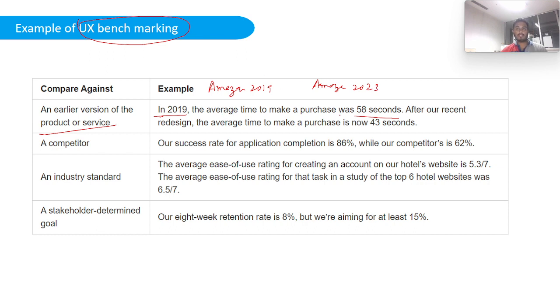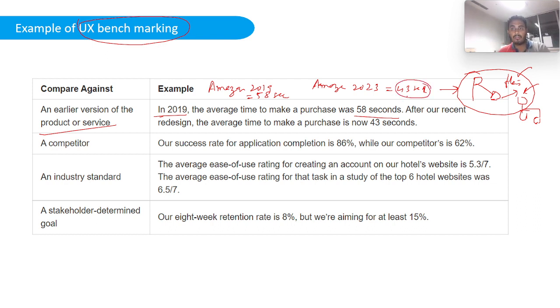In 2019, it takes 58 seconds to make a purchase. Now in 2023 it is reduced to 43 seconds. That means the efficiency of that flow of navigation improved, because you use some filters, because you identified some new hierarchy of information. Due to all such design changes, the purchase can now be done within 43 seconds.